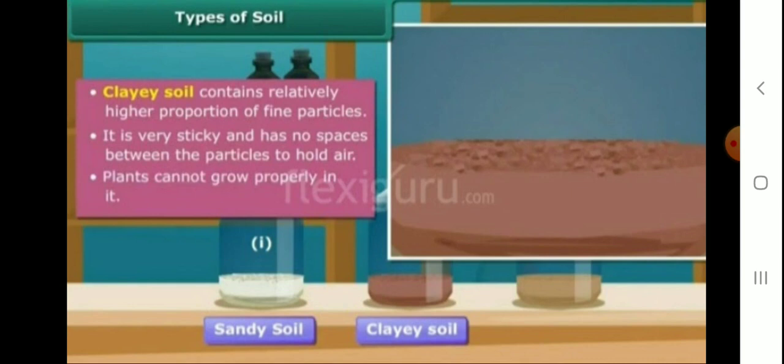Since in clay soils, the rock particles are quite fine, they are a little bit sticky, and the particles are unable to hold air in it, but they can hold a very good amount of water. Now plants cannot grow properly in it. Still, paddy plants like wheat, rice, they grow in it.